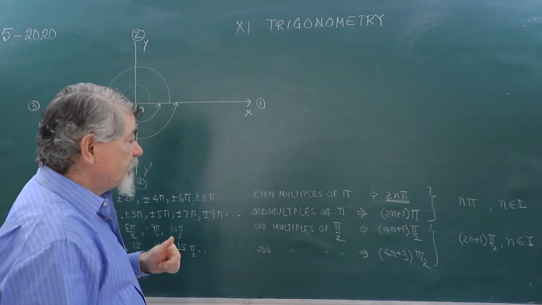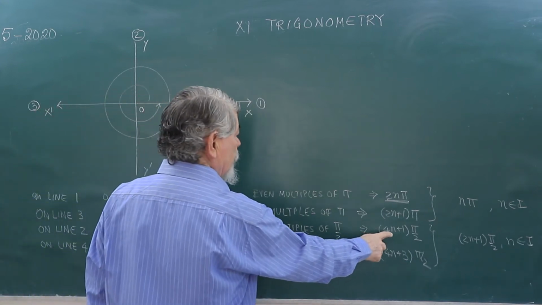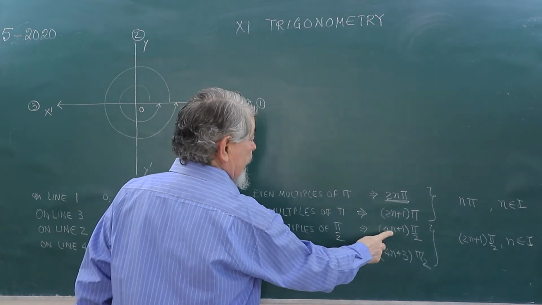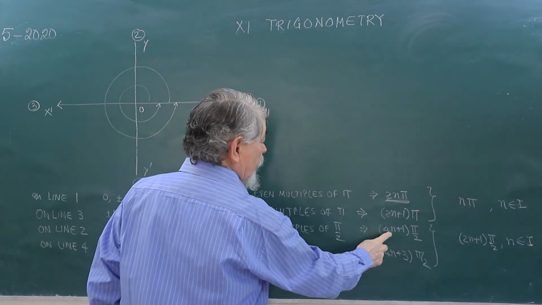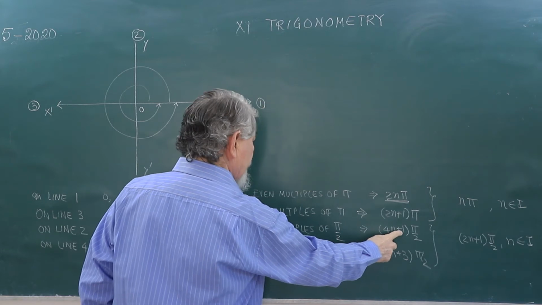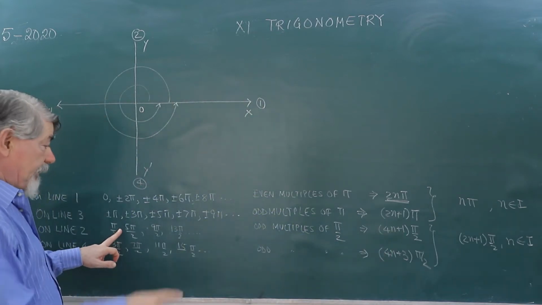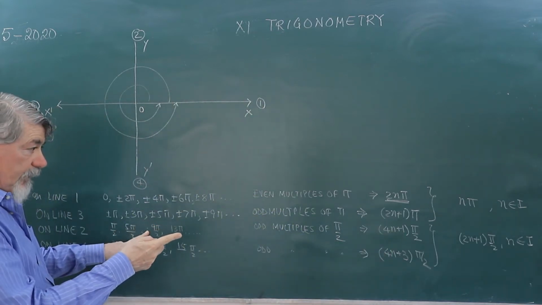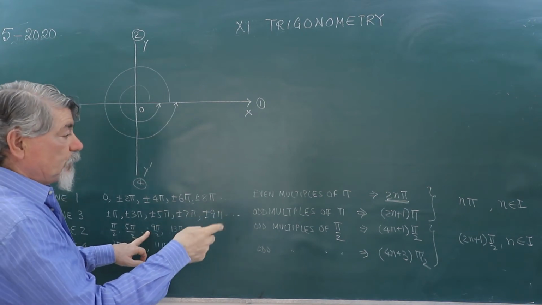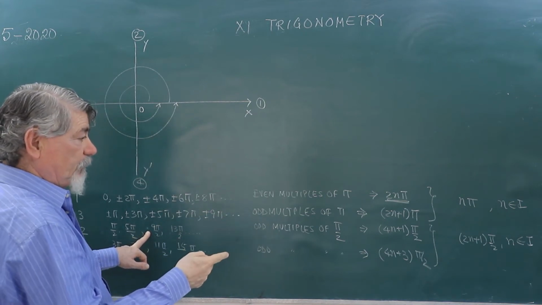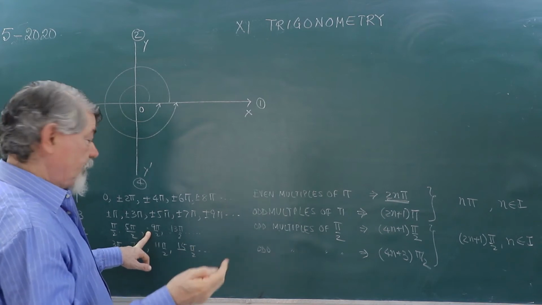That means if suppose I give n equal to 0, we get pi by 2. If I give n as 1, 4 into 1 is 4, 4 plus 1 is 5, so 5 pi by 2. If I give 2, 3, and so on, you will keep getting the values with the help of 0, 1, 2, 3, 4.